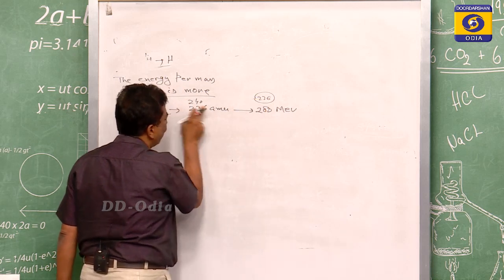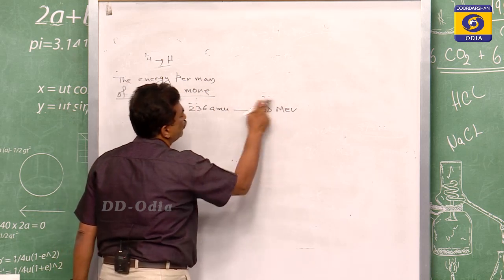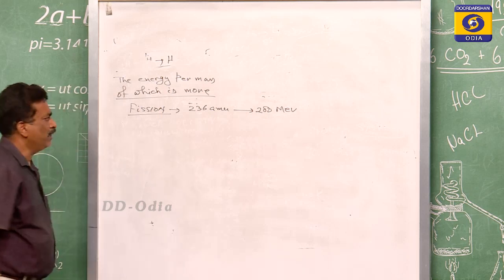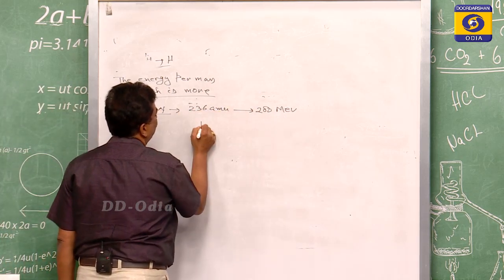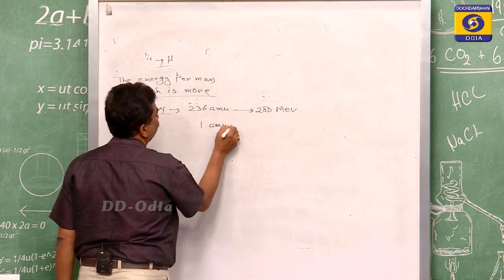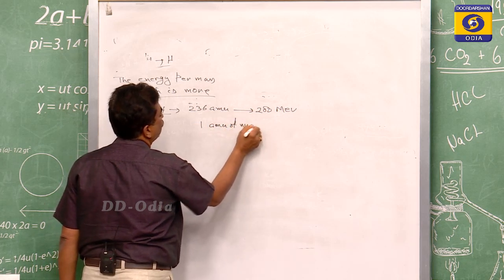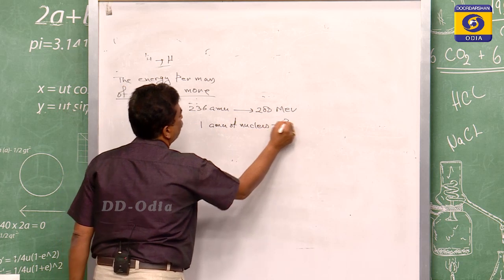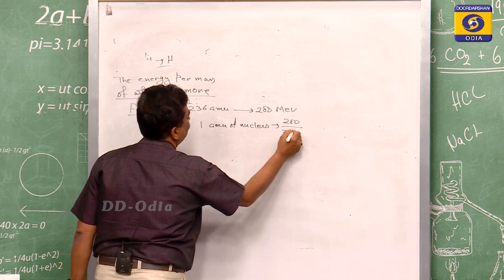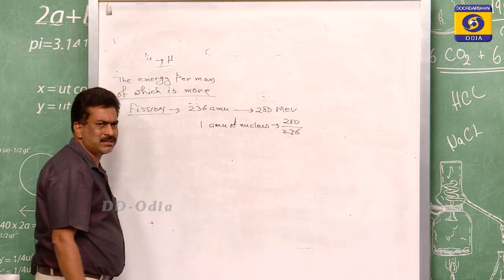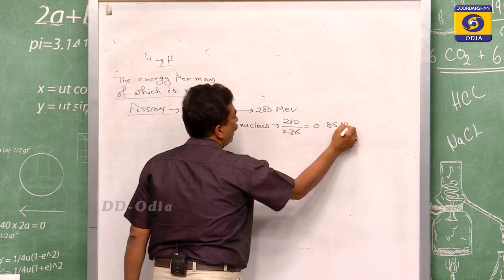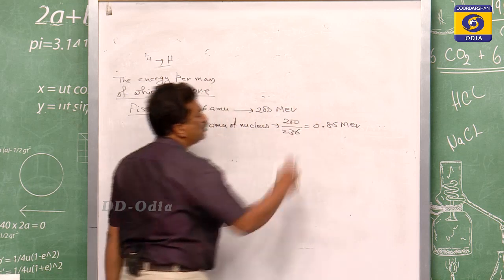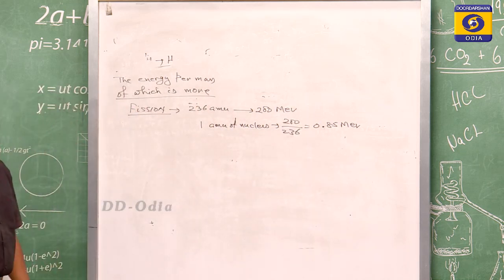So for 236 mu, that is equal to 200 MeV. So for 1 mu of a nucleus, it will be 200 by 236, which is approximately 0.85 MeV.